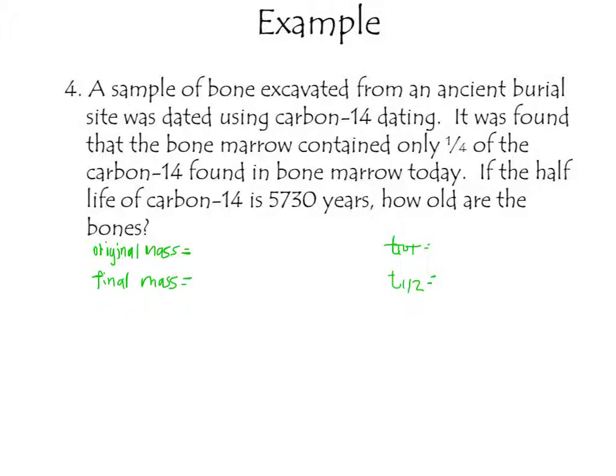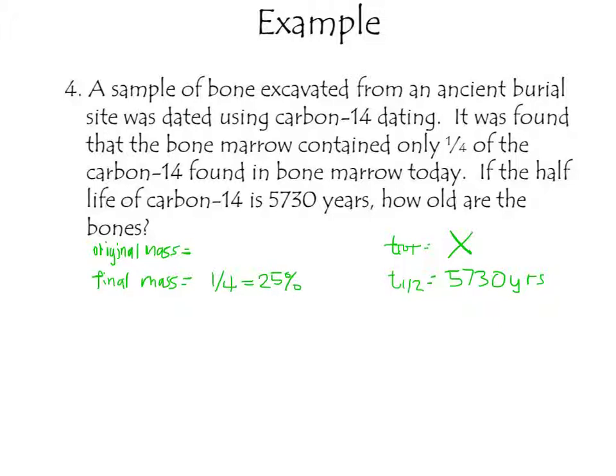So let's go ahead and fill out what we know. We know that the half-life is 5,730 years. And we are looking for how old it is, or the time elapsed. And it tells us there, it was found that we only have 1/4 of the carbon-14 left. So that tells me my final mass is 1/4. We're going to assume that 1/4 means that there's 25% left.